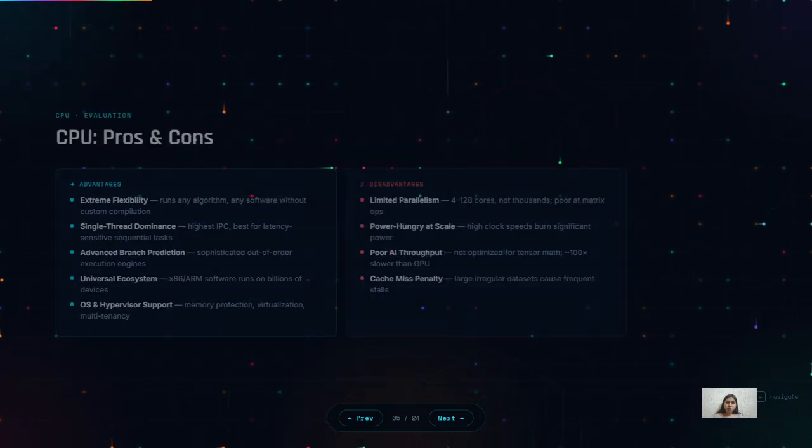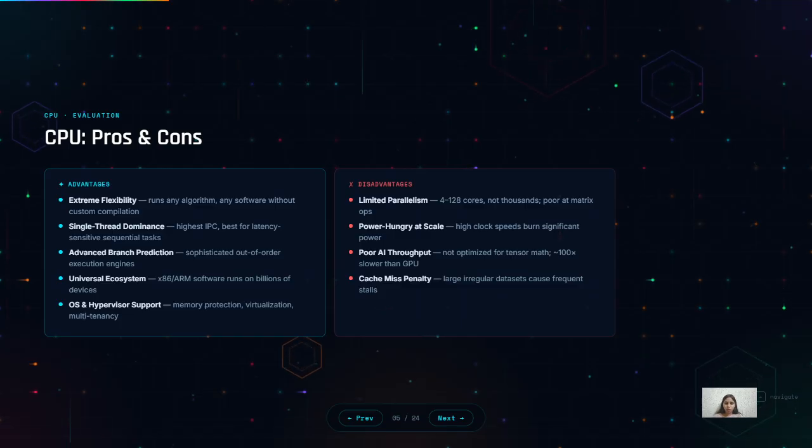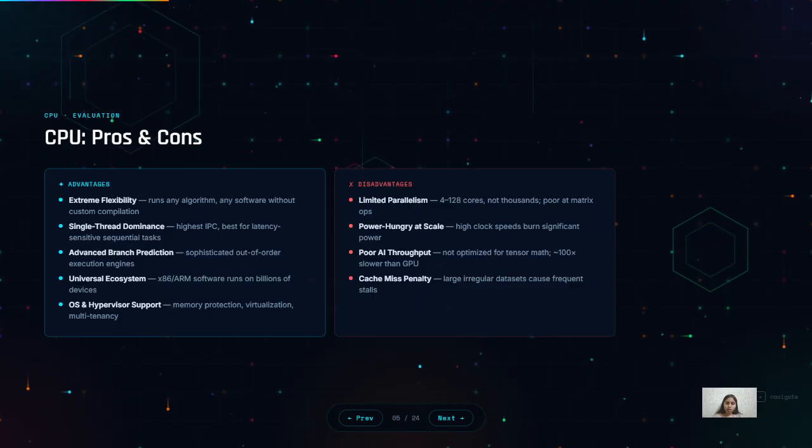Let's talk about the pros and cons of the CPU. So, where does the CPU shine? CPUs dominate sequential and decision-heavy tasks. They are flexible, software compatible, and excellent for operating systems and complex logic.